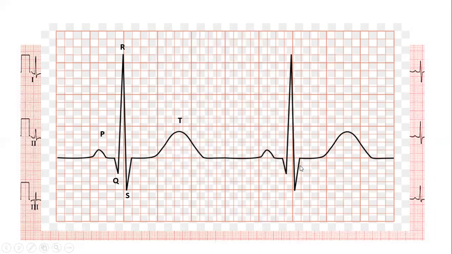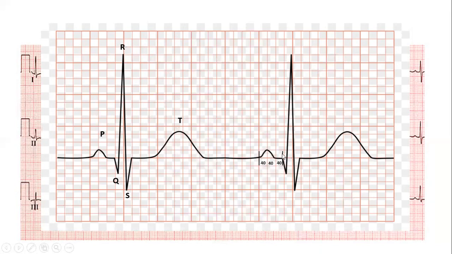Now, using these boxes, we are able to determine certain intervals. When you look at the beginning of your P wave to the beginning of your QRS complex, you have a PR interval. We know that 1 small box equals 40 milliseconds. When you count up your boxes, you'll see you have 1, 2, and 3.